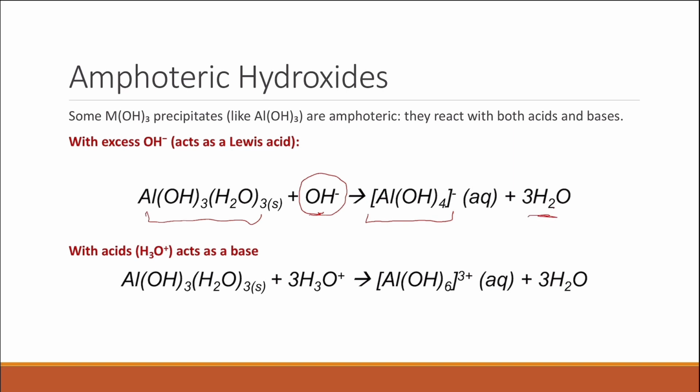In the presence of an acid like H3O+, or simply H+, it will now act as a base, and it will take three protons from the acid and form the aqua ion of aluminium with 6 molecules of water instead of having three hydroxide ions.